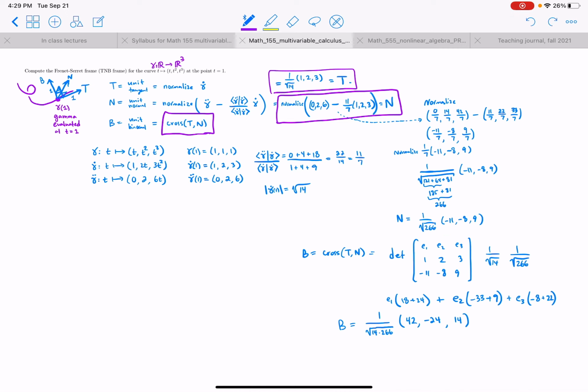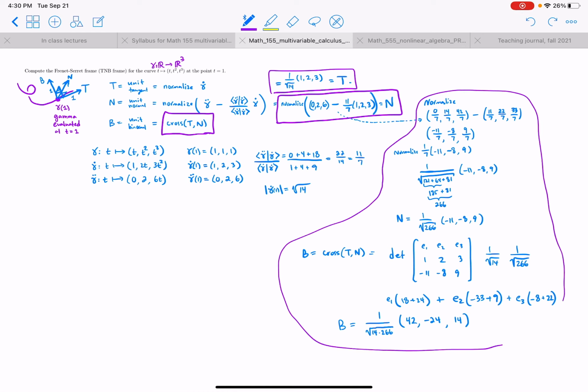It's an unpleasant calculation. In other words, these 3 purple boxes are sort of your final answer. I require this kind of work for sure in order to get this box. And this kind of thing is definitely required, so I know that you understand what's happening. The picture is useful. This didn't ask for the picture, but I would do the picture just so you remember what things are. And all of this calculation is not required if you leave it like this. Okay.